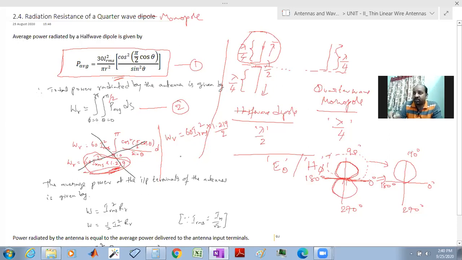Therefore the power radiated WR is 30 into 1.219 IRMS square.